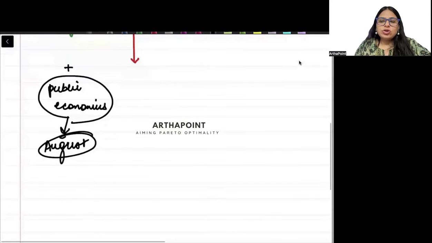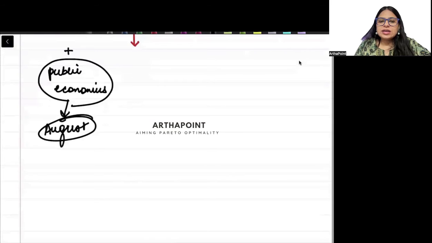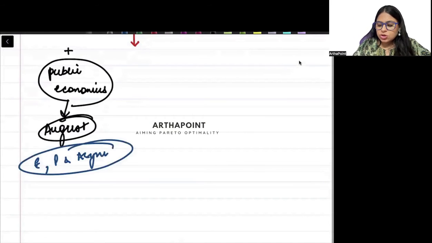Now, if you go on your portal, you will see that everything is there on your portal. For example, the first topic that comes in pub eco is externality, public good and asymmetric information. If you just control F and search this, you will find that this part is available under microeconomics.